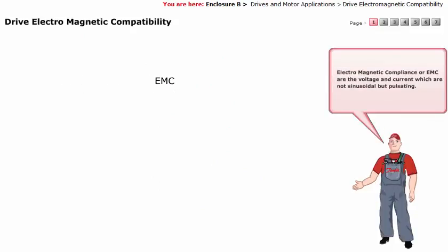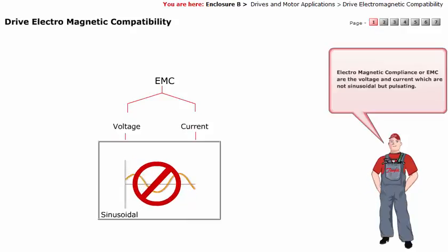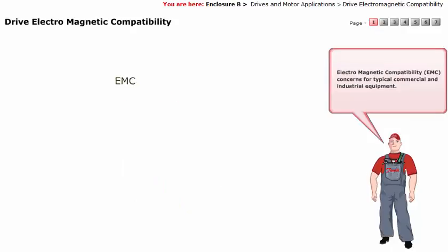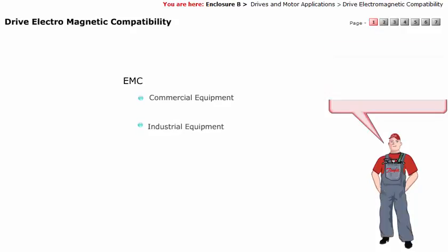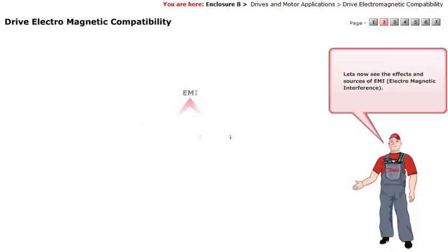Electromagnetic compliance, or EMC, concerns voltage and current which are not sinusoidal, but pulsating. Electromagnetic compatibility, EMC, is a concern for typical commercial and industrial equipment. Let's now see the effects and sources of EMI, electromagnetic interference.